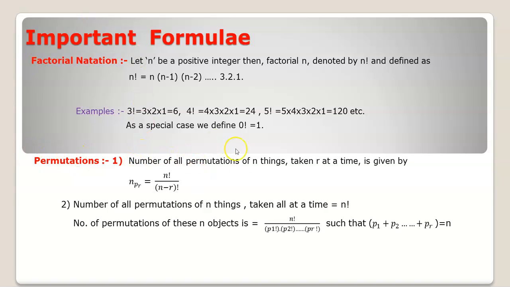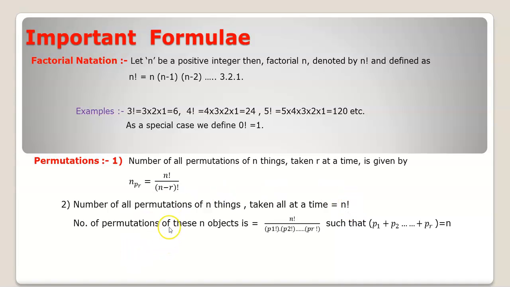The number of all permutations of n things taken r at a time is given by nPr equals n factorial upon n minus r factorial. The second formula is that the number of all permutations of n things taken all at a time is n factorial.